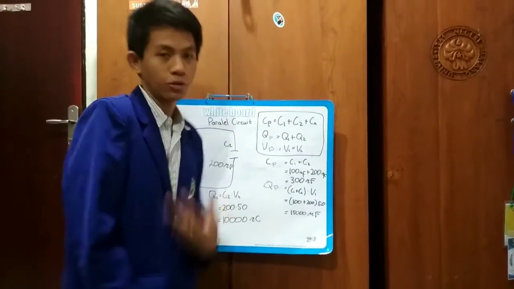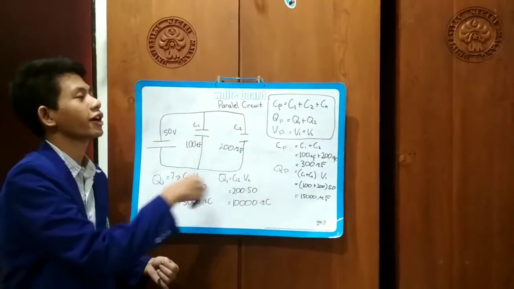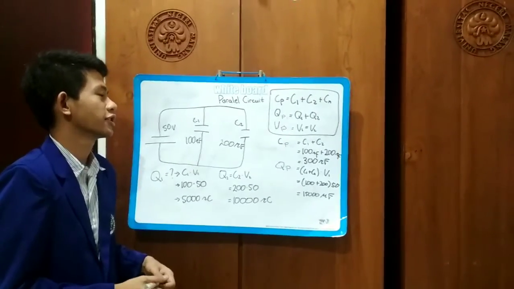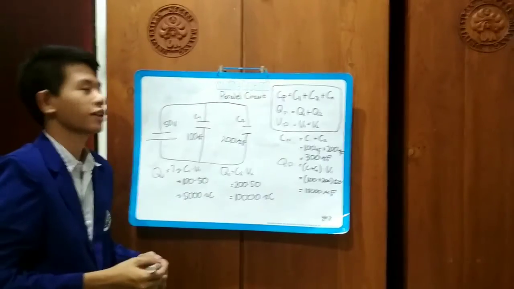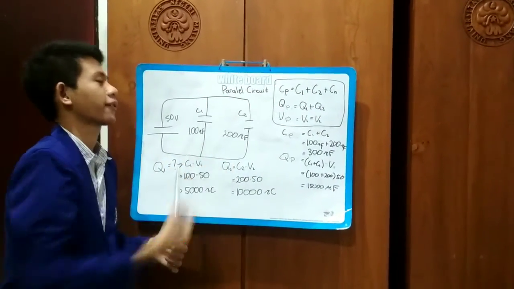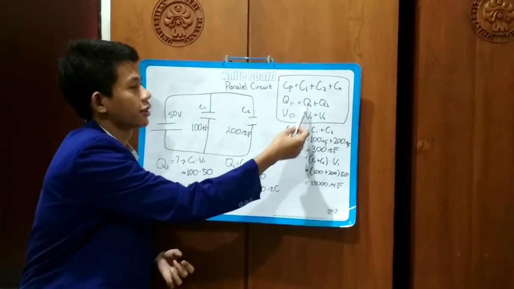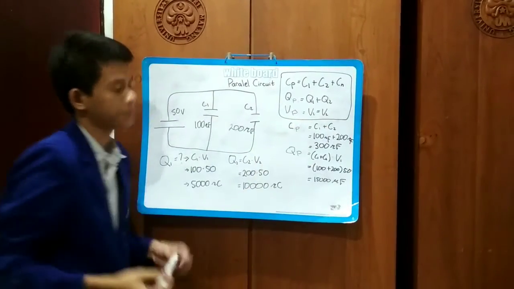Then the second question is how much charge in these parallel circuits. So the charge in parallel circuits is just simply the sum of every element. So we know it is charge 1 plus charge 2.